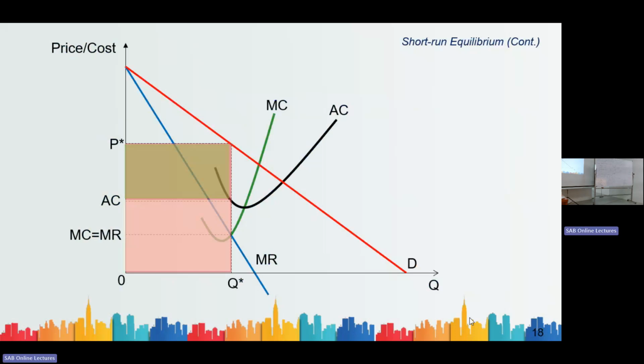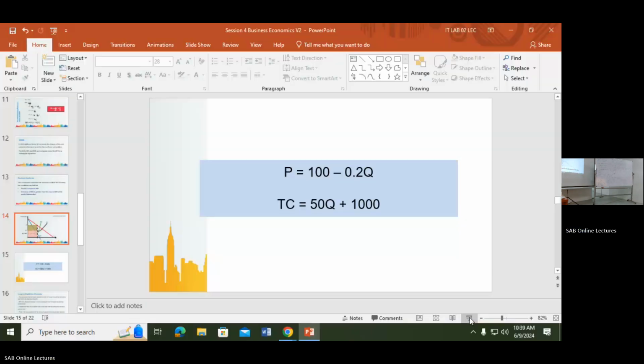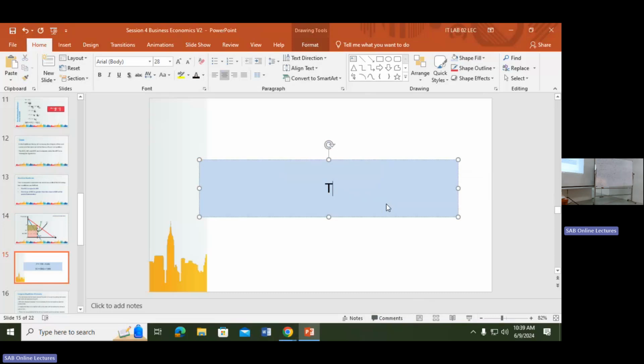The sixth step is to find the total revenue at profit maximizing output level, that is at Q star.